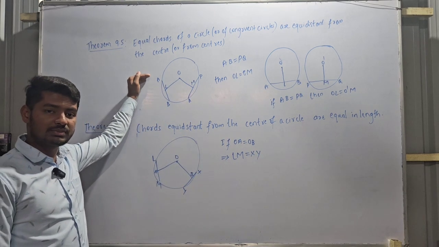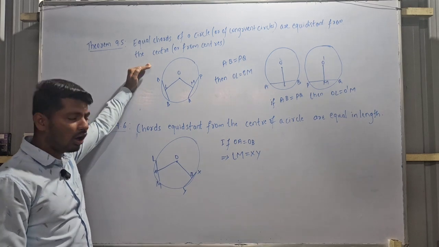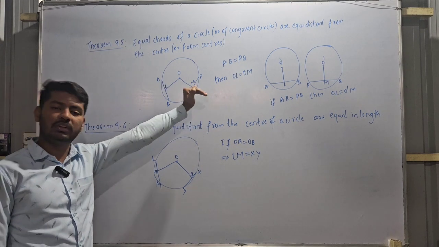See here, it is given that if the chords are equal, then the distance from the center is equal.